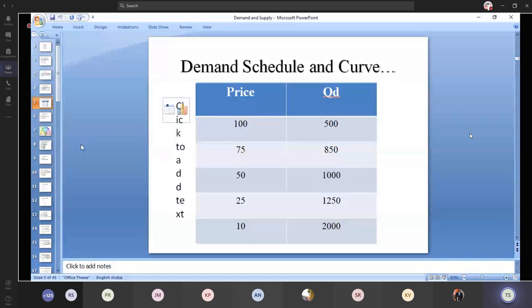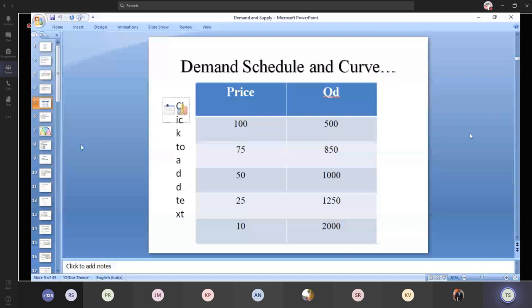Take a notebook and plot these points on a graph. Quantity demanded on your x-axis and price on the y-axis. QD refers to quantity demanded, capital Q with small d.